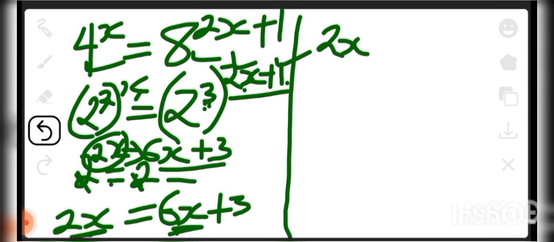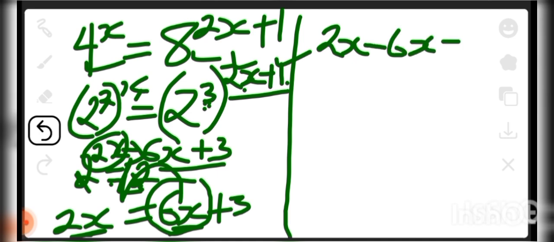Now, this 6, I already told you, if you have something without any sign, no plus, no minus, it means the number is a positive number. It's having an imaginary plus. So if you move this one out to this side, that imaginary plus will change to minus. So we are going to have minus 6x is equal to 3. You see, I may not write plus 3 now. Just write it as 3.